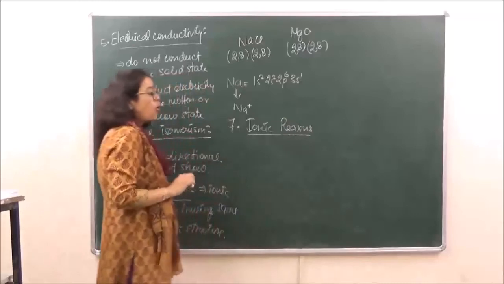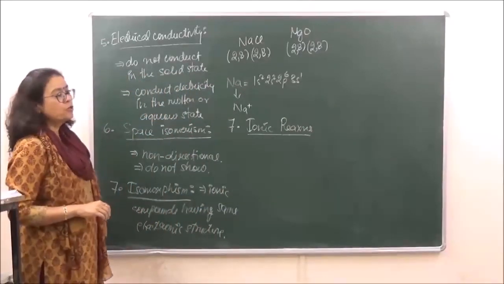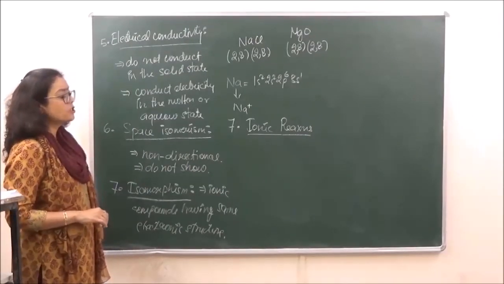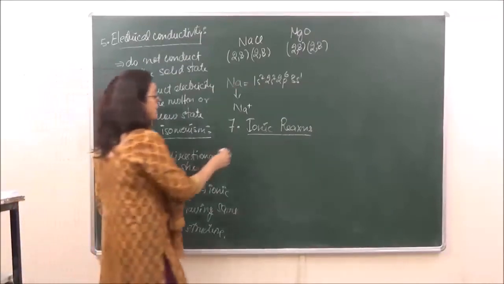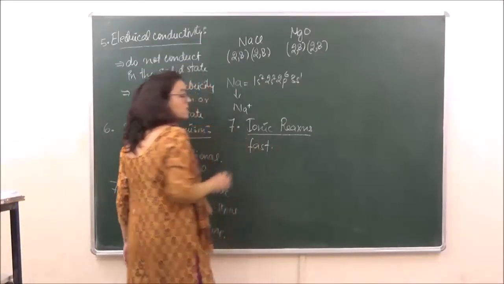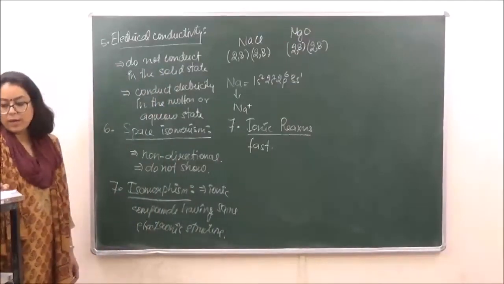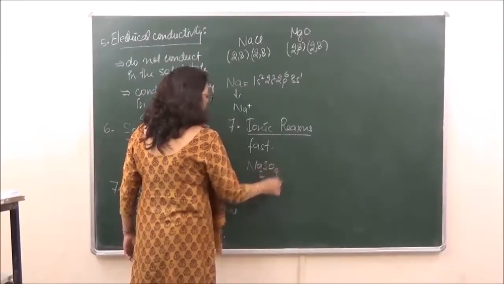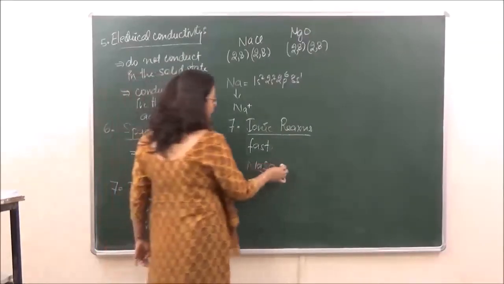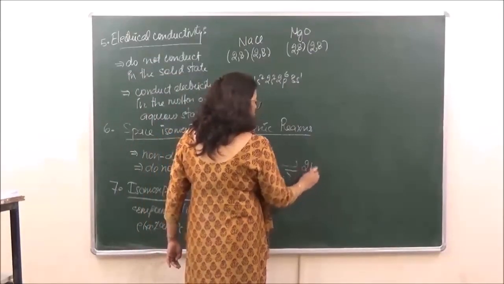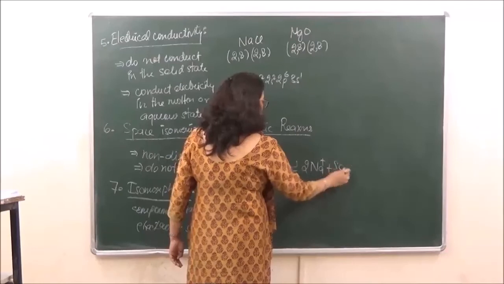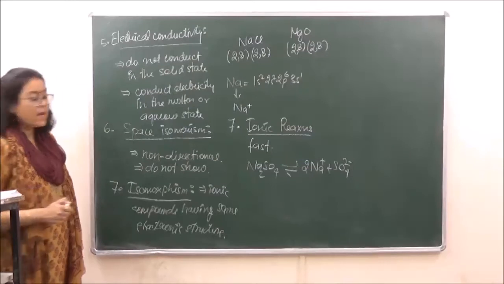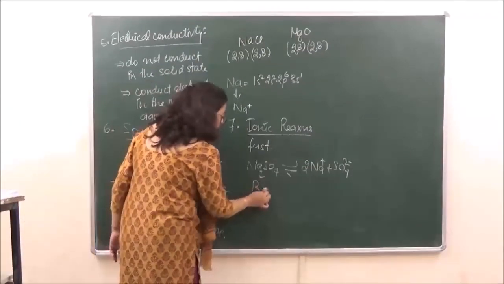Then the next property is ionic reactions. All the ionic compounds produce ions in solutions. If they are producing ions in solutions, the reactions taking place are known as ionic reactions, and these reactions are very, very fast. For example, sodium sulfate is going to break into 2Na positive plus SO4 2 negative, and we are mixing with it barium chloride.